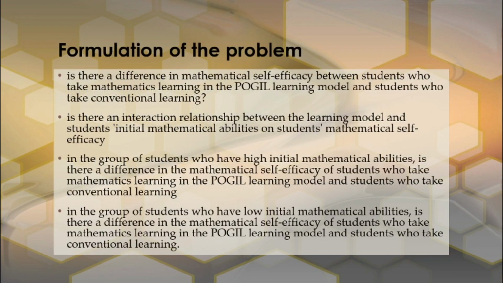The formulation of the problem in our article. Problem 1. Is there a difference in mathematical self-efficacy between students who take mathematical learning in the POGIL learning model and students who take conventional learning?